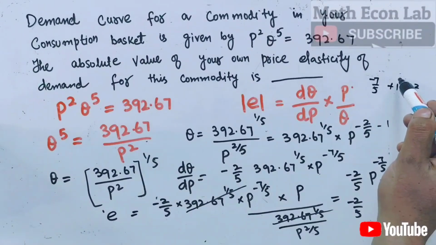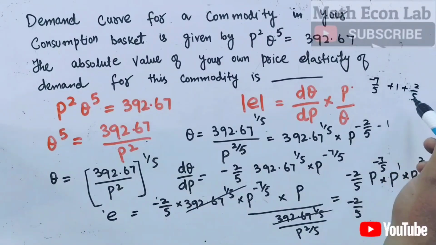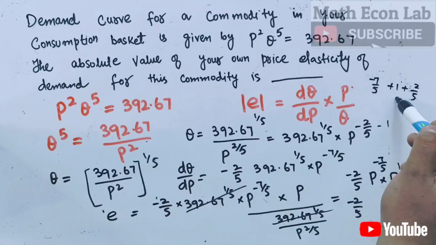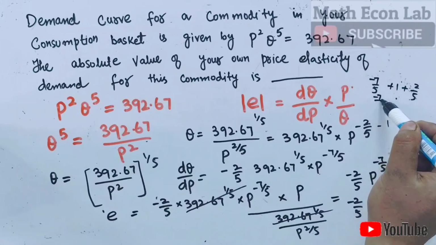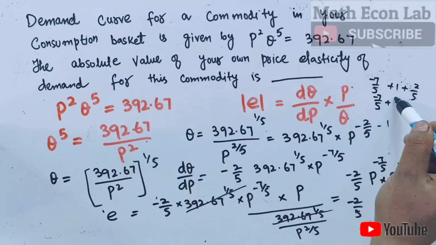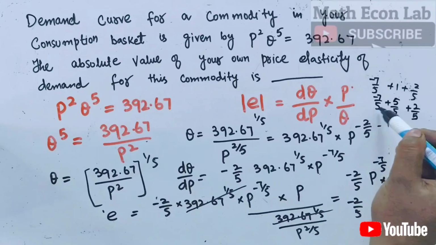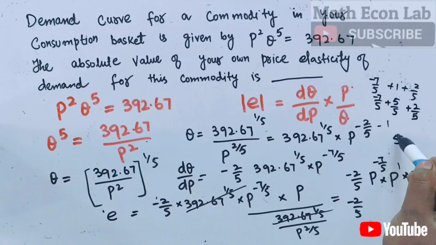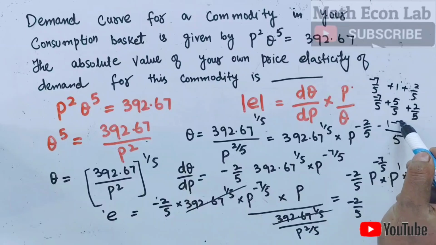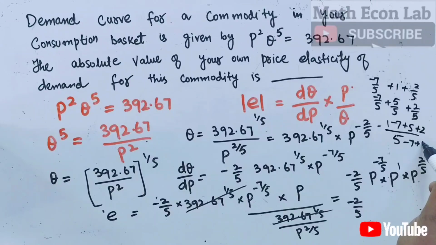Writing 1 as 5 upon 5, we have the same denominator, so minus 7 plus 5 plus 2, which is minus 7 plus 7, divided by 5, equal to 0 upon 5, which is equal to 0.